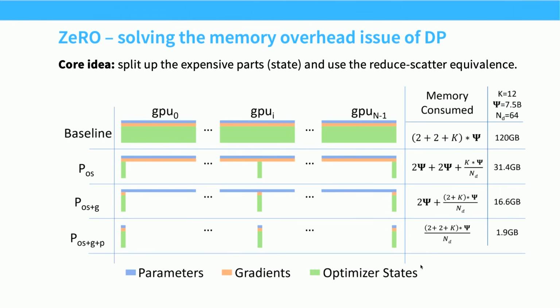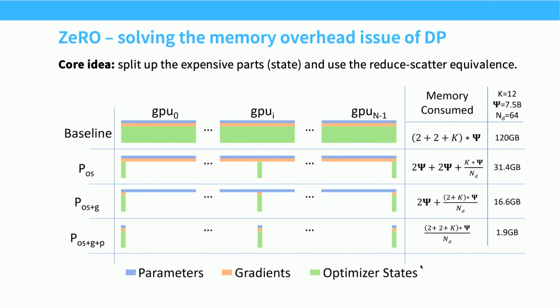If you do naive data parallel, you're just going to replicate all of this state across the GPUs. And this is not so good, because you've consumed way more memory than you need, and your memory consumption is linear with your number of accelerators. What we can do instead is shard the optimizer state onto different GPUs, and this would be a big savings.